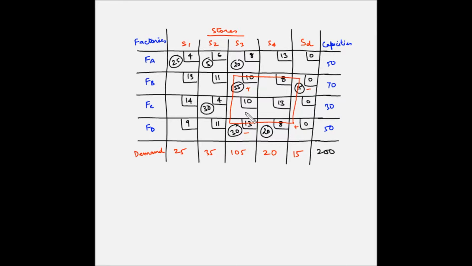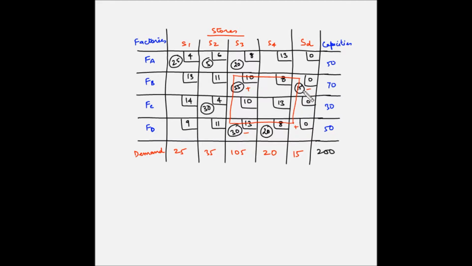Now we have to subtract the smallest of the figures from each square at the negative sign on the closed path and add to each square at the positive sign on the path. So there are two cells with negative sign. One has the allocation of 15 units, the other has 30 units.